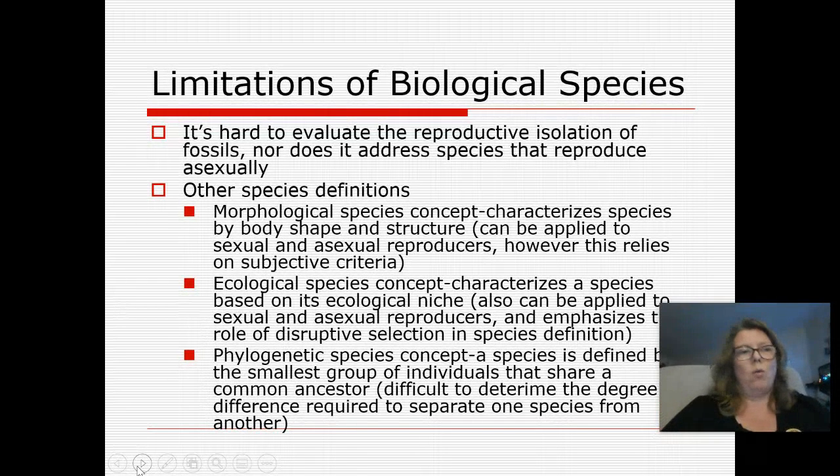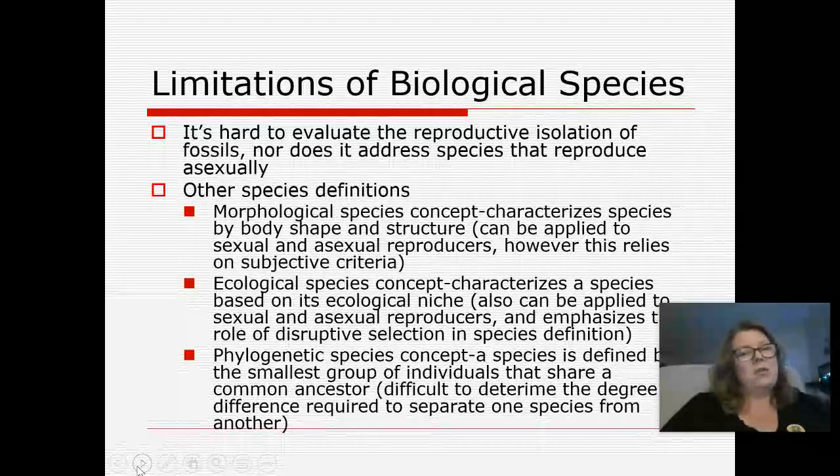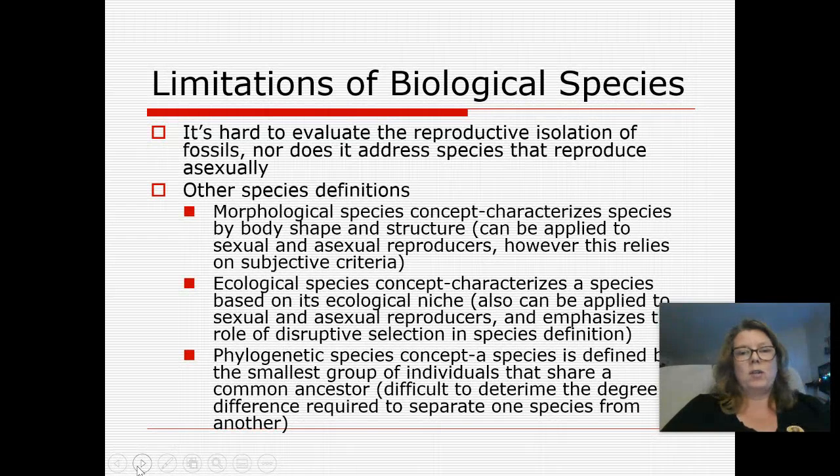We don't know. All we've got is a fossil in front of us. Also, it doesn't address asexual reproduction, so there are some limits here. It's a great starting point, and it does make sense, right? It makes good common sense to think of it this way.